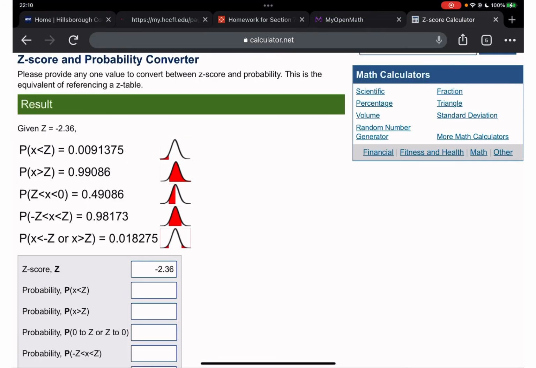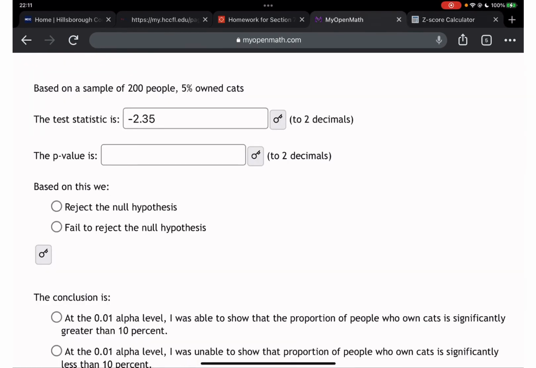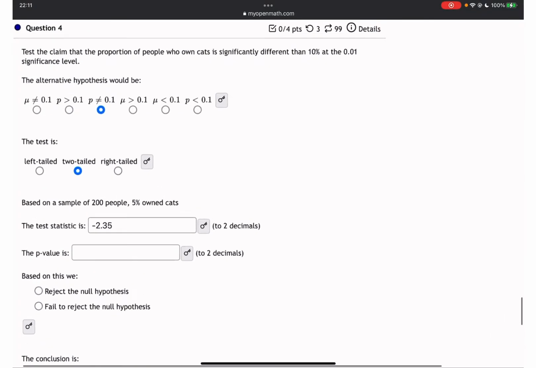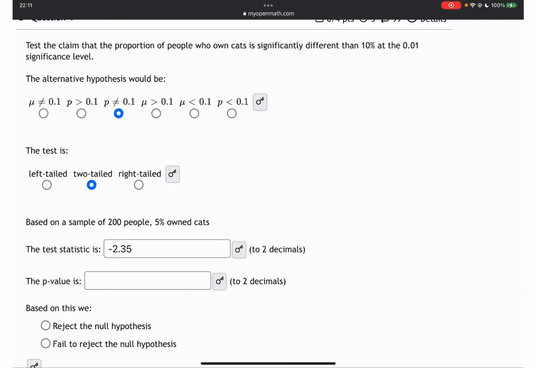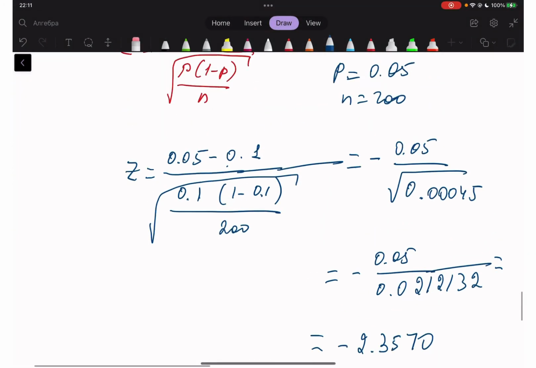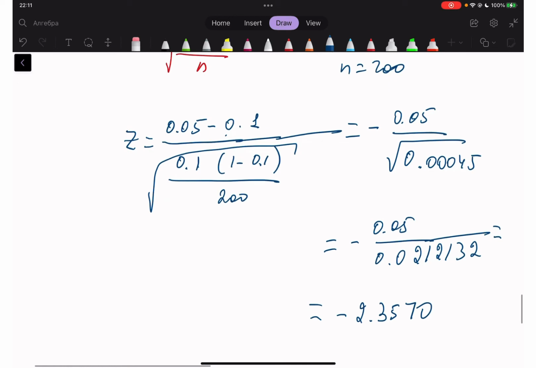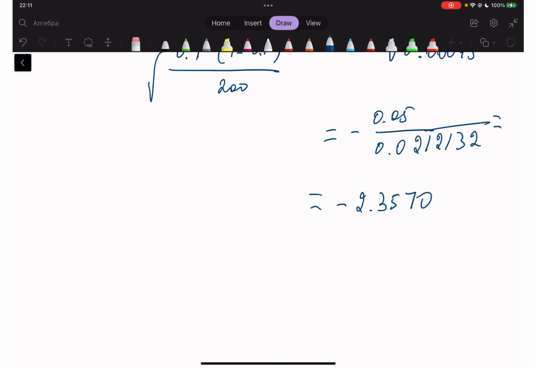So calculate, and we have equal, not equal, right? So we have two tails, because remember here we showed equal, not equal, here it is, p is not equal to 0.1. Since we have two tails, it's not equal, then the null hypothesis is probability equal to 0.1, alternative is probability not equal to 0.1.